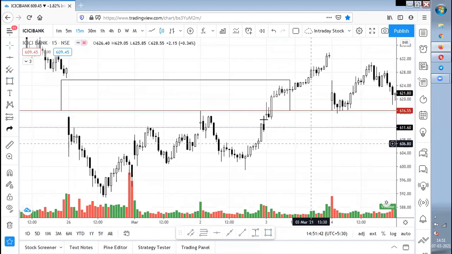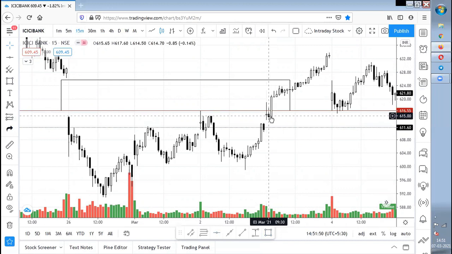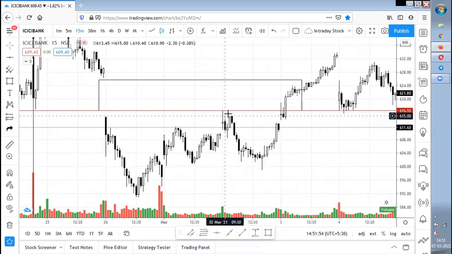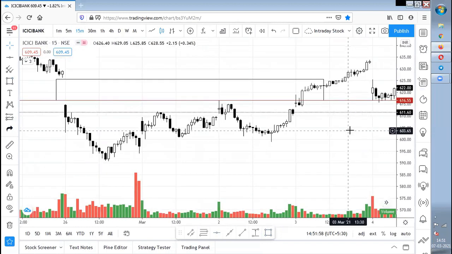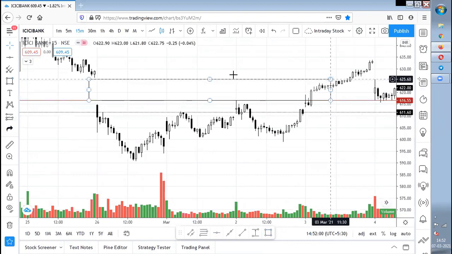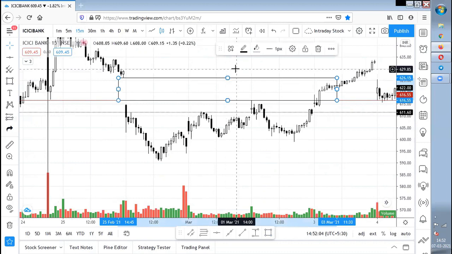On that particular day, March 3rd, I was able to see a slight gap up, and the first 15-minute candle closed as a strong candle above the resistance. That is nothing but the previous day high. Ultimately, my target can be this portion, because this portion is going to be the gap zone resistance.